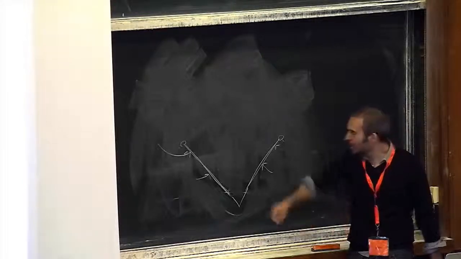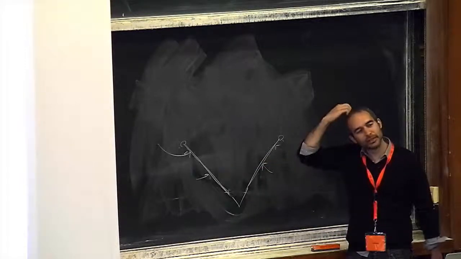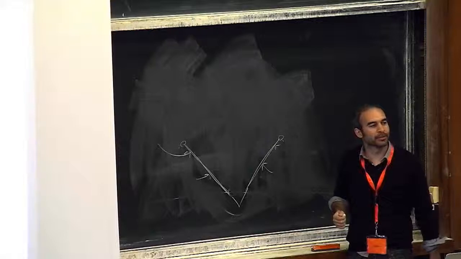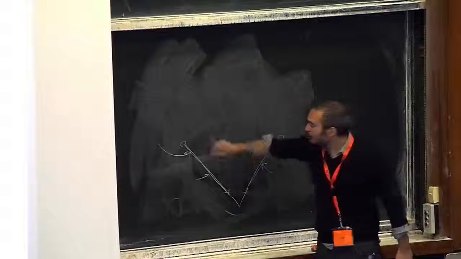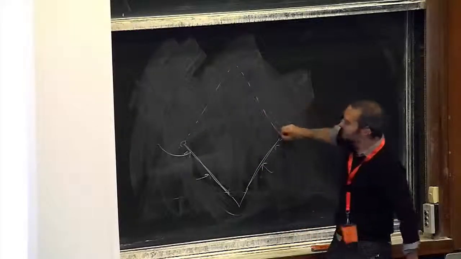Okay? So I begin with initial data like this on the event horizon. So the theorem is the following, that the evolution of this initial data looks like this.